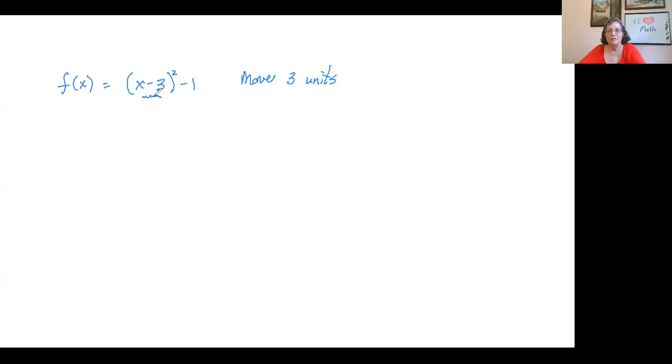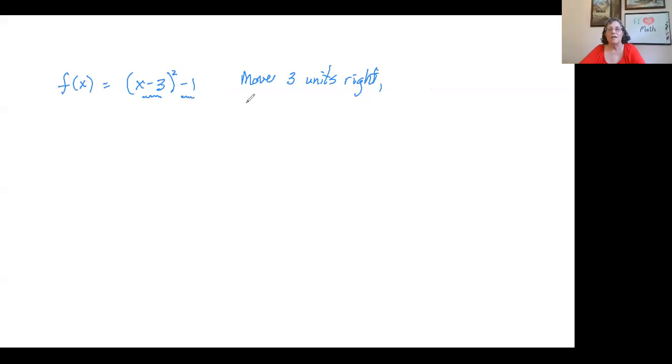Inside the parentheses is always a horizontal move, sideways, left or right. And inside the parentheses is always backwards from what you would expect. So the minus 3, instead of going 3 units in the negative direction, is going to go 3 units in the positive direction. So it moves it 3 units to the right.